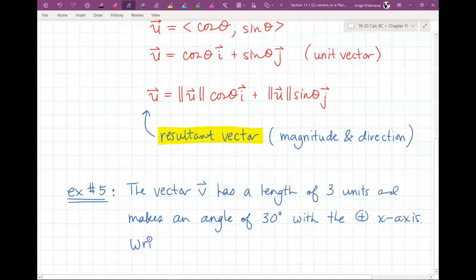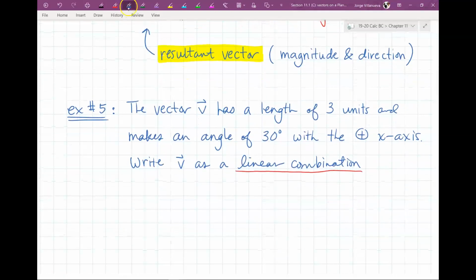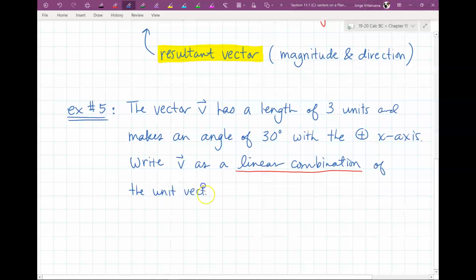So they want us to write v as a linear combination. Kind of underline that right here. Write v as a linear combination of the unit vectors i and j. This sounds weird at the very end, but they're basically just saying write a linear combination.